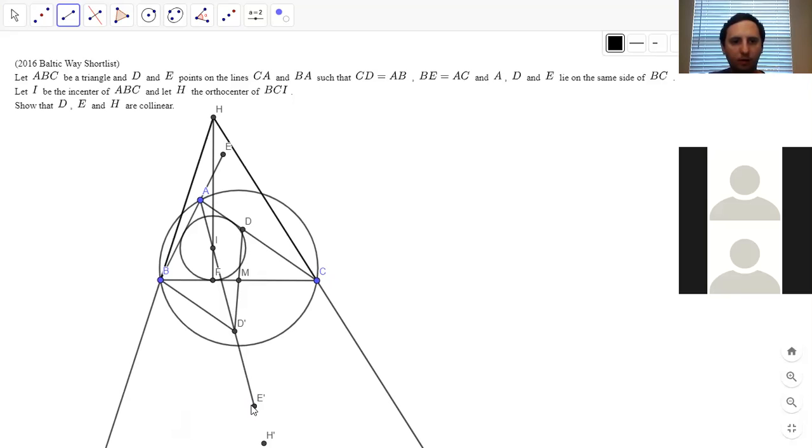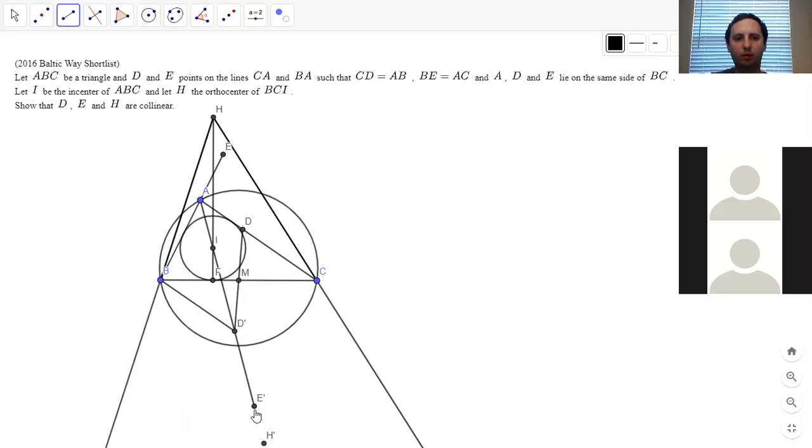Why does H prime lie on AI? Oh, H prime is the excenter. Because it's the excenter. Yeah, it is. We can prove that the reflection of H over M is the A-excenter. Okay.